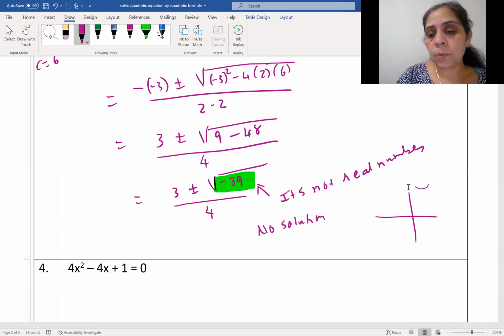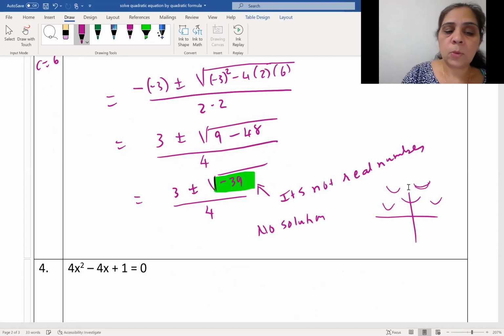You will get the graph somewhere here, but it will not go below the x-axis. It will never cross the x-axis. If A is negative, then you will get a graph below the x-axis. All right, so I will remove that.